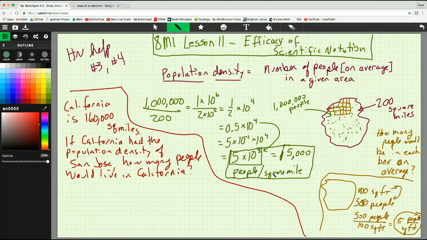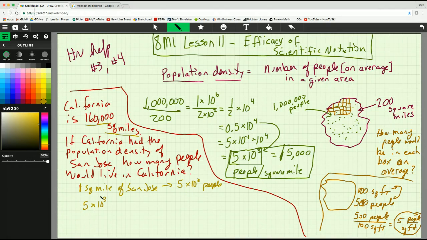Well, if in 1 square mile, we're going to switch colors. In 1 square mile of San Jose, there are 5 times 10 to the third people. If each of these 160,000 square miles of California had 5,000 people in it, how many people would be in California? Well, we'd have 5 times 10 to the third people times the number of square miles.